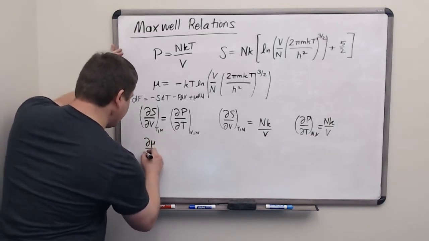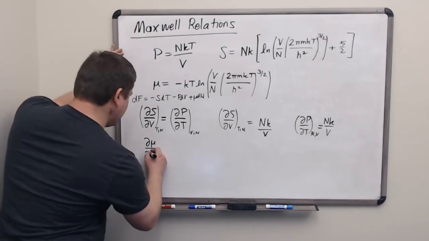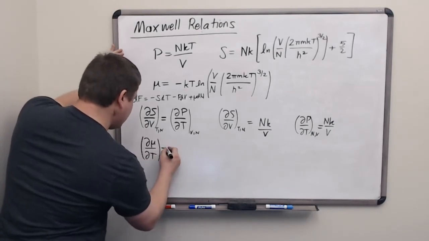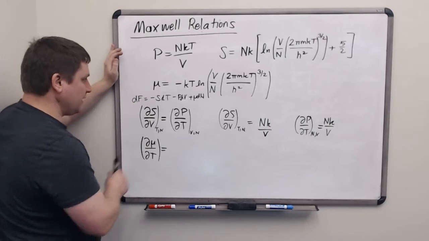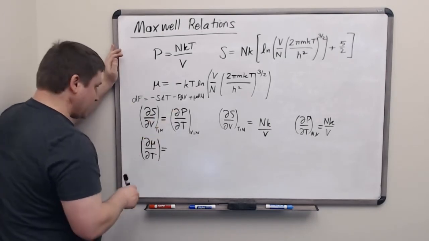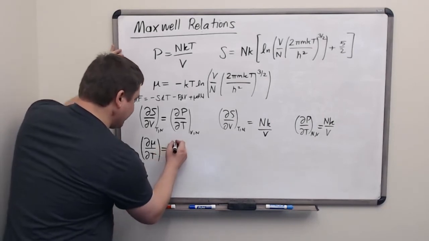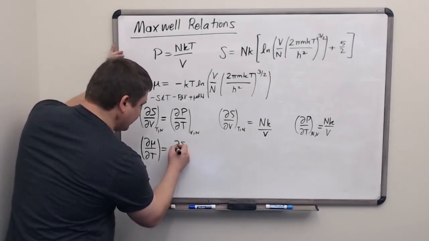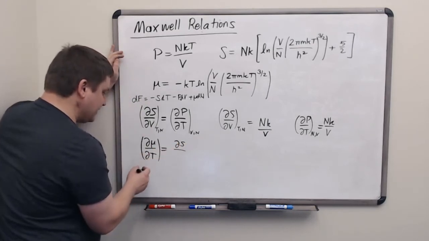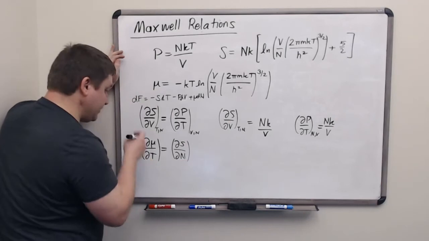d mu dT. All right, mu is a conjugate, so it's in the numerator. T is a natural variable, so it's in the denominator. And up on the top, then I'll have dS, the conjugate of T, and down here, dN, the conjugate of mu.